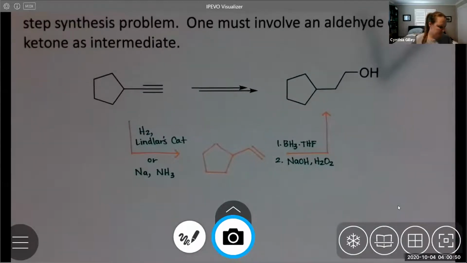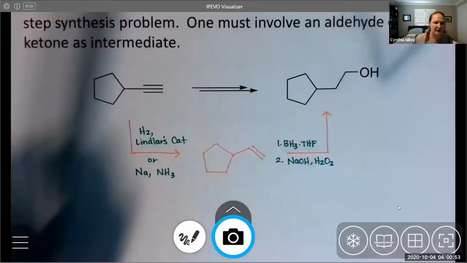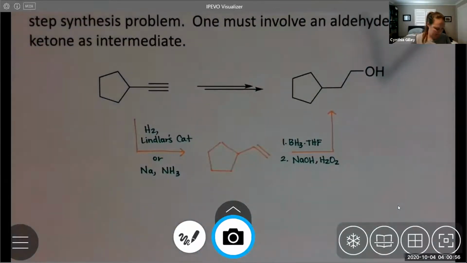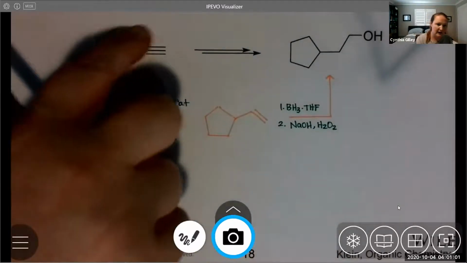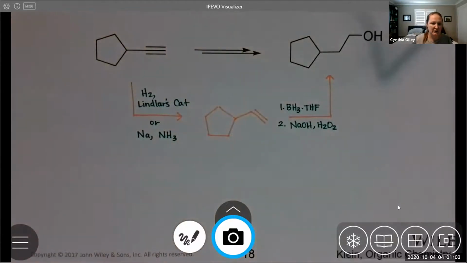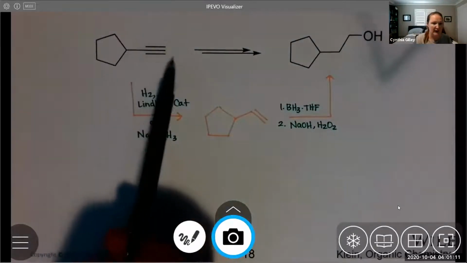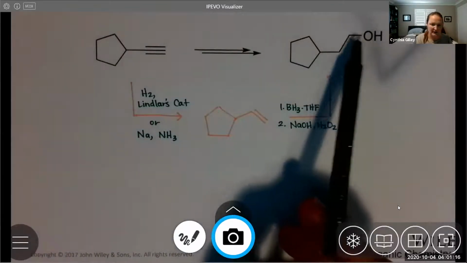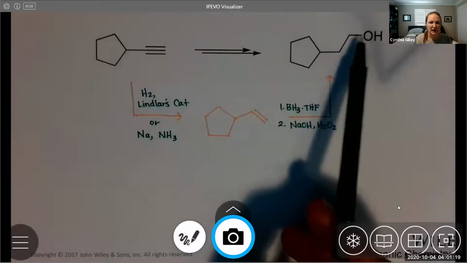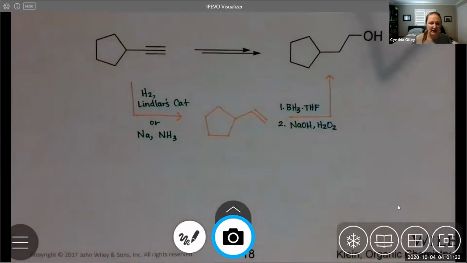The other option that does involve an aldehyde or ketone that I thought of is we know we can convert an alkyne, particularly a terminal alkyne, to an aldehyde or a ketone, right? Depending on if we do a Markovnikov or anti-Markovnikov hydration. In this case, because the oxygen is at the terminal carbon and it's a primary alcohol, it is better to form an aldehyde that we can then reduce to that primary alcohol.